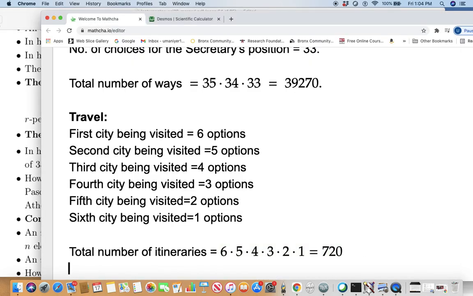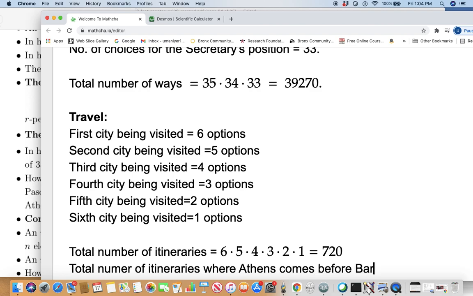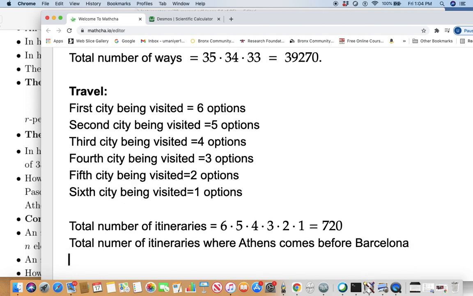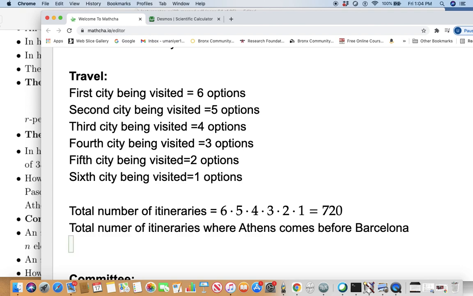So the total number of itineraries is equal to 720 over 2, that is 360. All right.